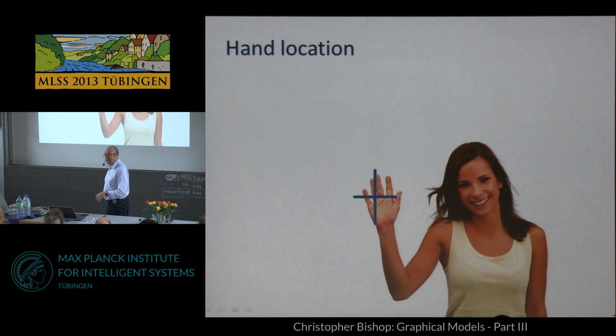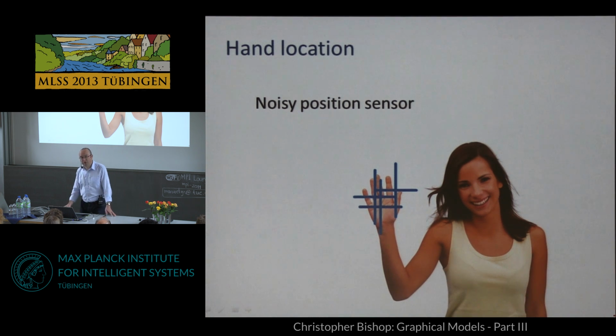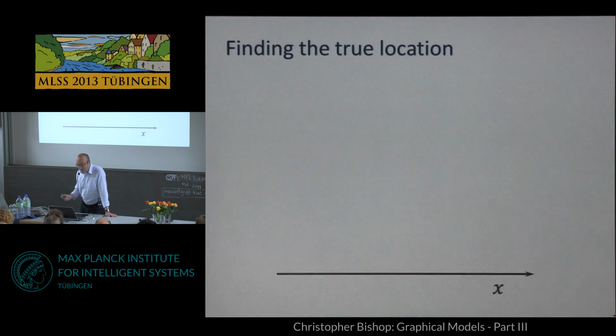But the problem with our sensor, in common with most sensors, is that it's noisy. So if I measure the position of the hand several times, I'll get different measurements. Okay? So the sensor is not directly measuring the true position of the hand, and I want to infer the true position of the hand. So if you imagine that the hand location is one-dimensional for a minute, just a horizontal position.